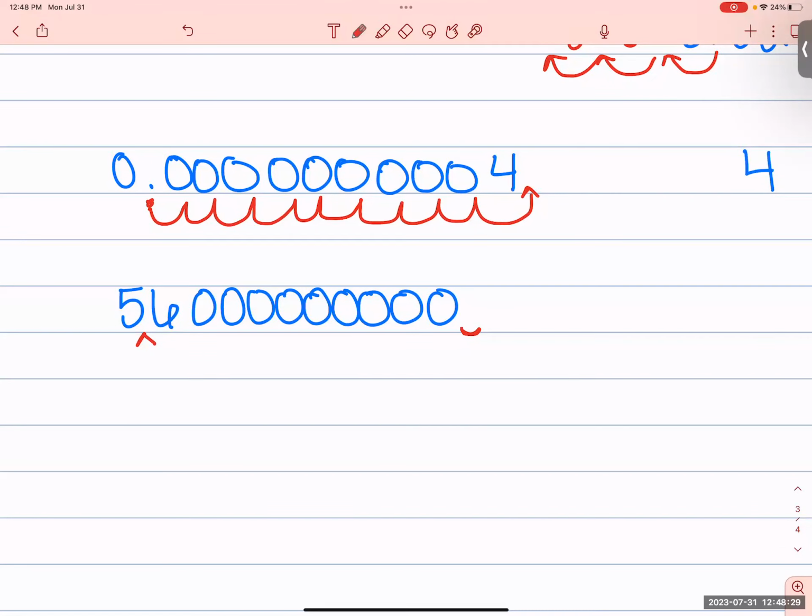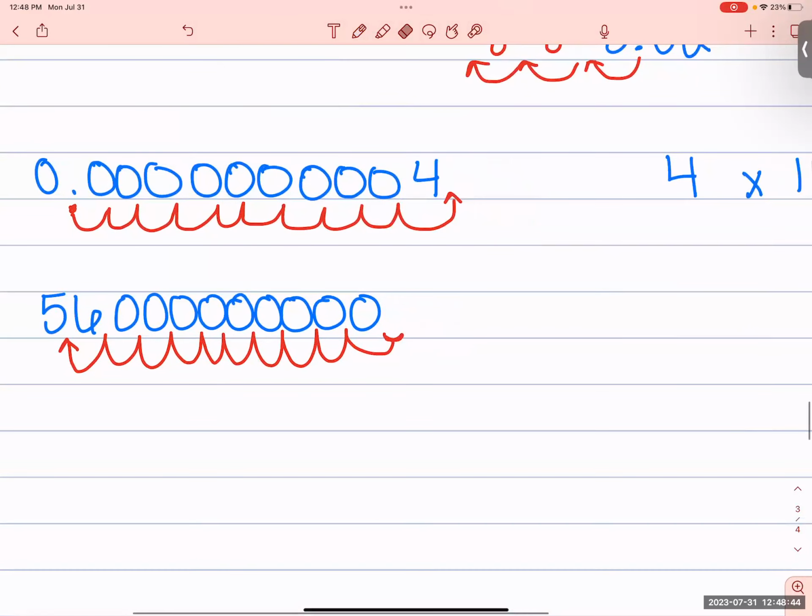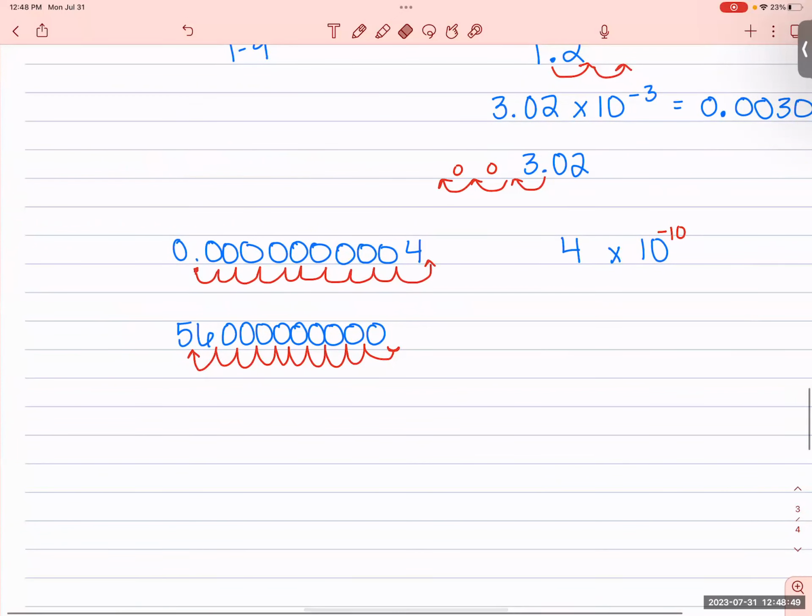And I'm going to move my decimal. I'm going to count as I move it from the right side. 1, 2, 3, 4, 5, 6, 7, 8, 9, 10. Oh, I did them both by 10. Okay. That was not intentional, but sure. I'm feeling balanced today.